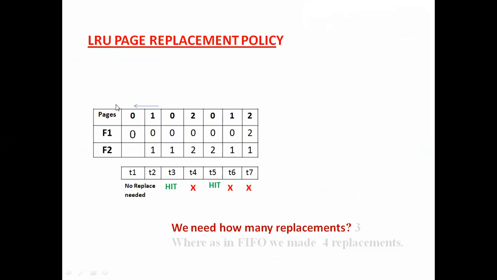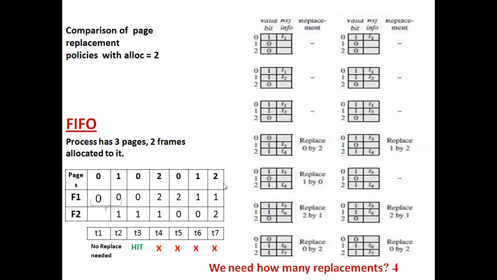You can compare these two tables; they are the same here. For these many pages and only 2 frames in the main memory, you can use the first in first out algorithm and calculate the number of replacements needed and the number of hits.